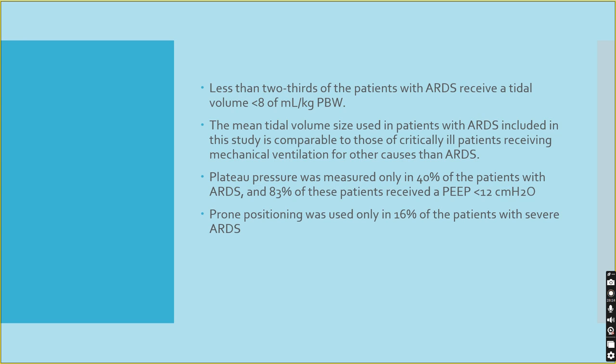So tidal volume was not even given according to the protocols or guidelines. Plateau pressure was measured in only 40% of the patients with ARDS, and only 83 of these patients received PEEP less than 12. So, in spite of a good amount of data and suggested guidelines, still the practice is not towards those guidelines.